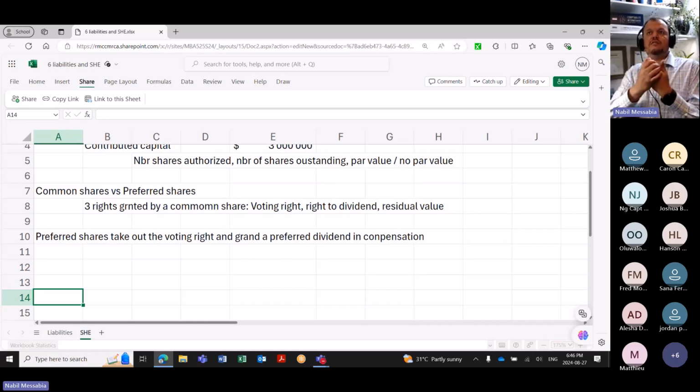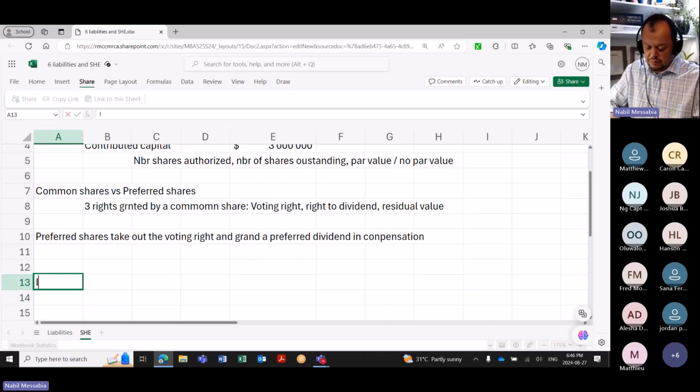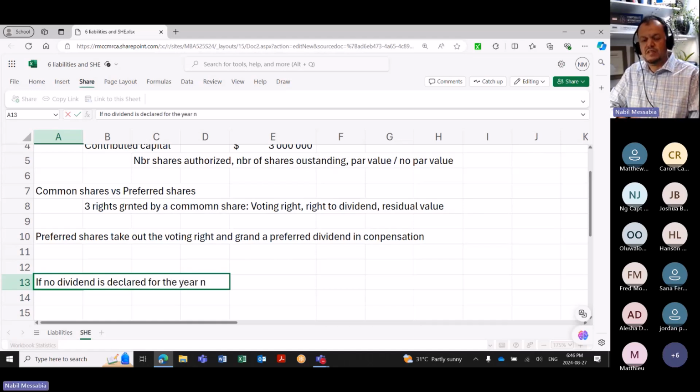The question is, what happens if for a specific year, a specific accounting period, no dividend was declared? If no dividend is declared for the year N, what happens?